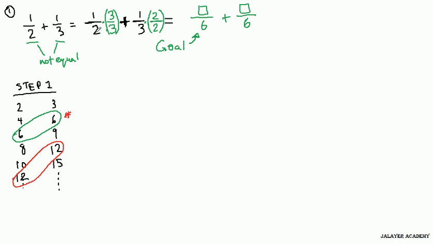Okay? So 1/2 times 3/3, you just basically multiply across. So 1 times 3 is 3, and 2 times 3 is 6. So we get 3/6. Okay? And let me actually write that clearer here.